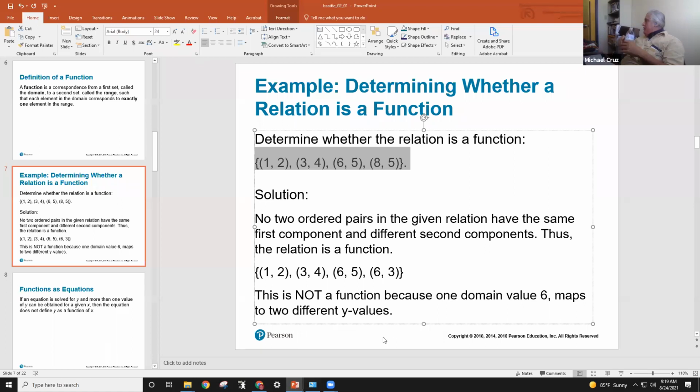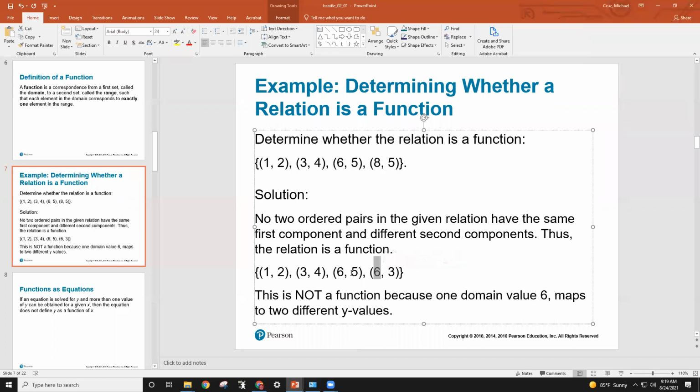All right, any questions? So if there's the same number in the domain and it repeats itself, it's not a function, correct? Okay, see how this one repeats in the first, but the second one goes to something different.